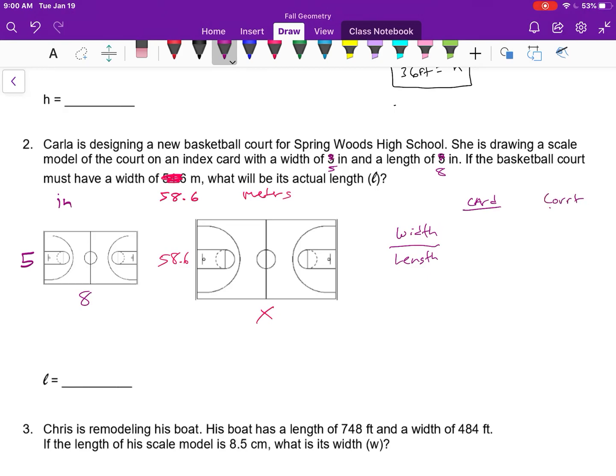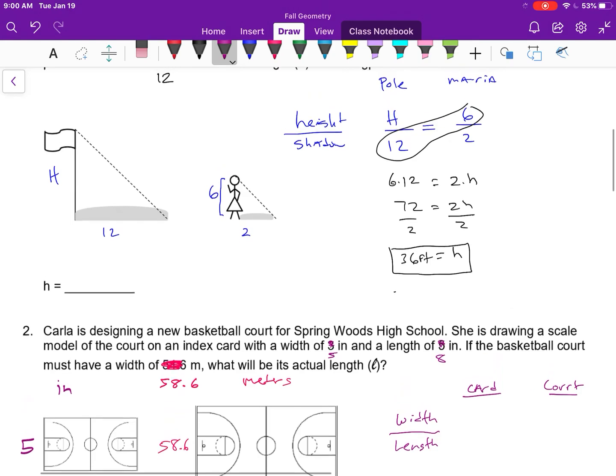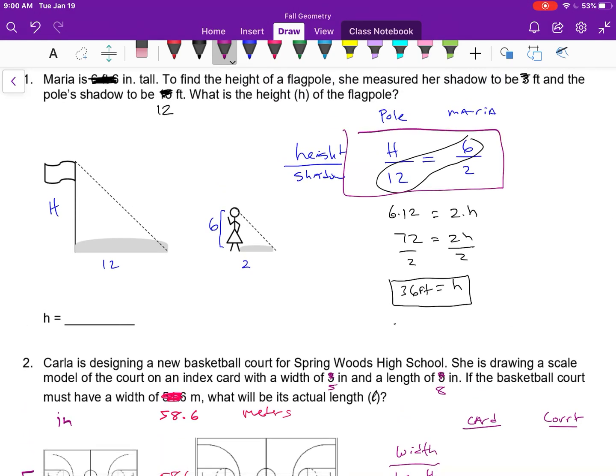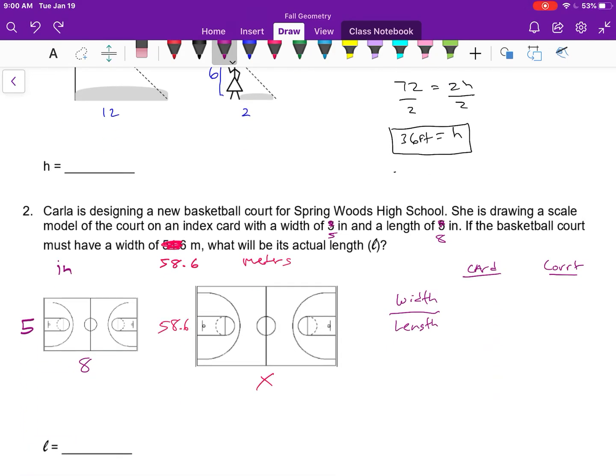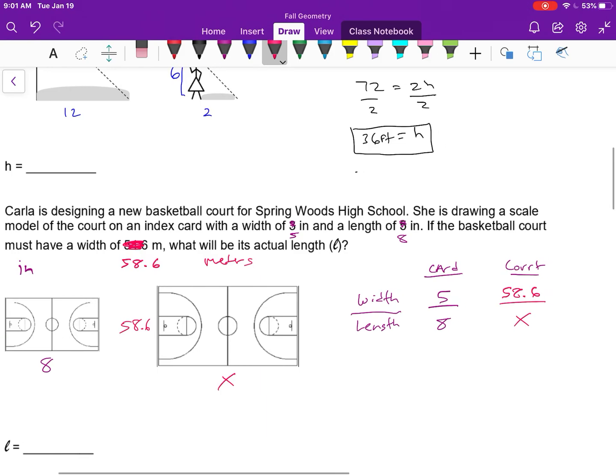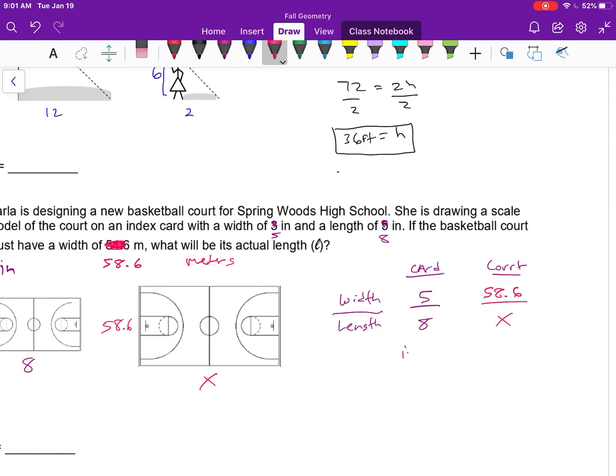Do you notice how I made it into a box, almost like a Punnett square, so we know where all the information comes from. My index card width happens to be 5, and then my length happens to be 8, and then my meters happens to be 58.6 over, and I don't know my actual length, so I'm calling it X. These are measured in inches, which is fine, and this is measured in meters, which is also fine. As long as you keep them all together, you'll be okay.